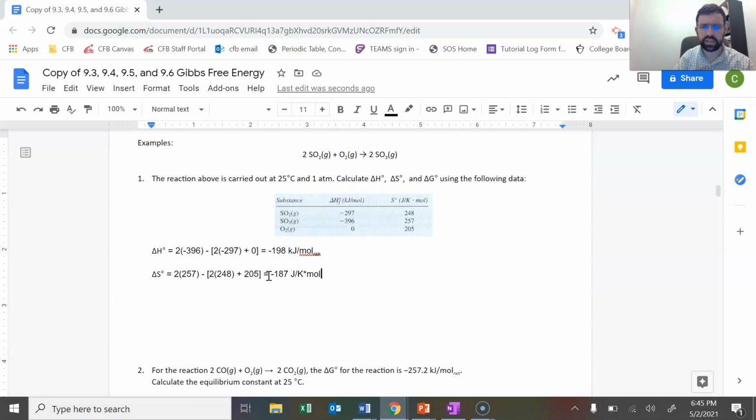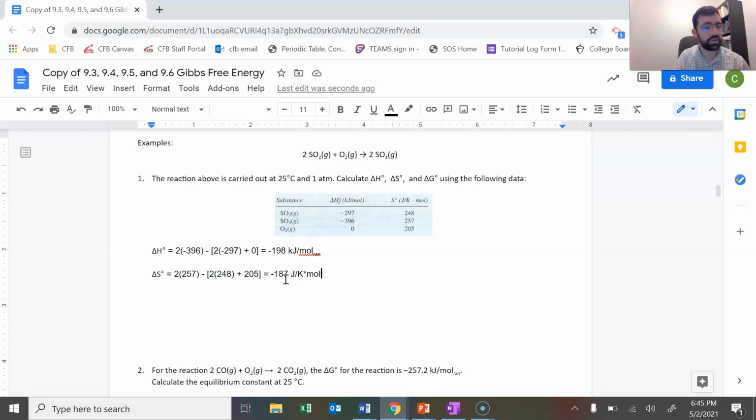Let's see if that makes sense. I've got 2 SO2 and I've got 1 O2. That means I've got 3 moles of gas on the reactant side, and I have 2 moles of gas on the product side. So the randomness is decreasing a little bit. And that's what this shows us.